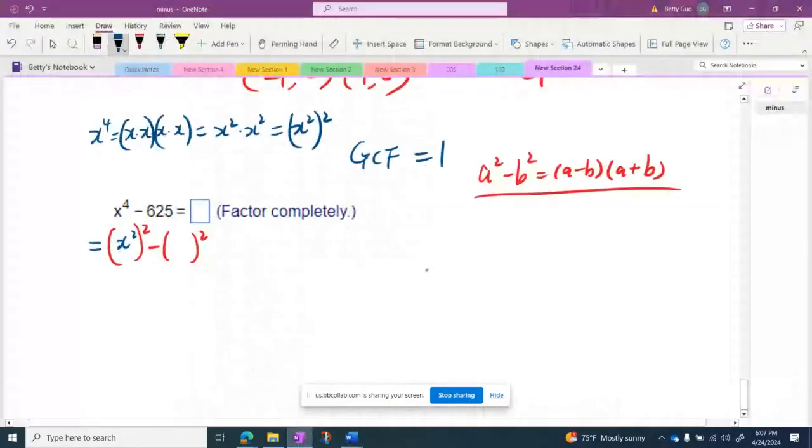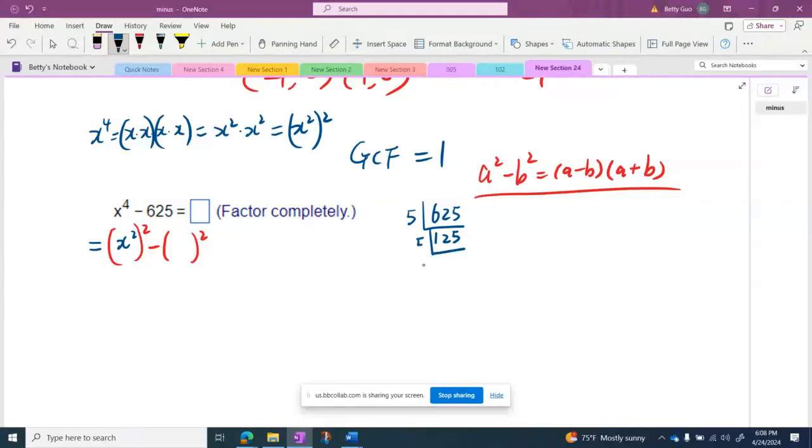But we can try to use the big L technique to analyze it. Since 625 has 5 as the last digit, it is divisible by 5. All those things we have already learned. Divide 625 by 5, we have 125.